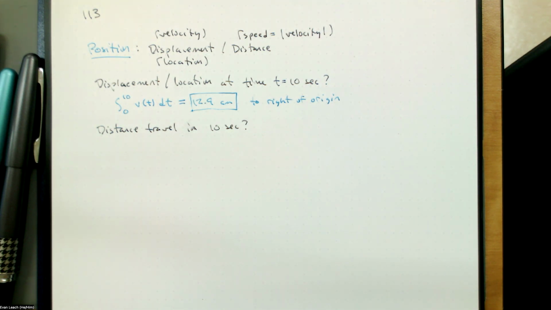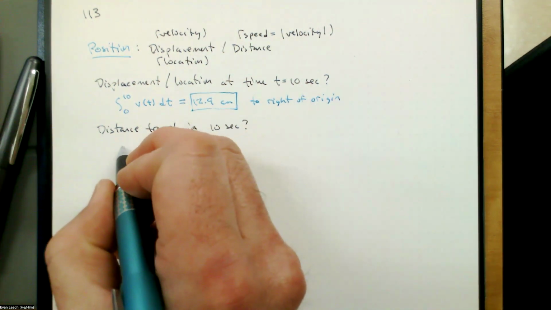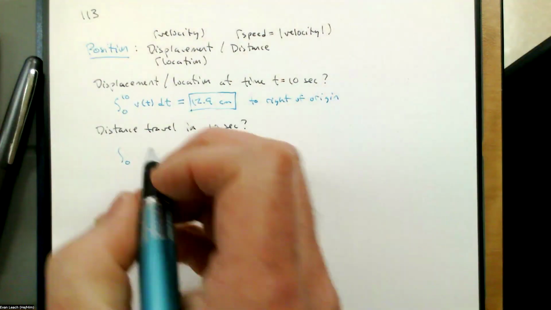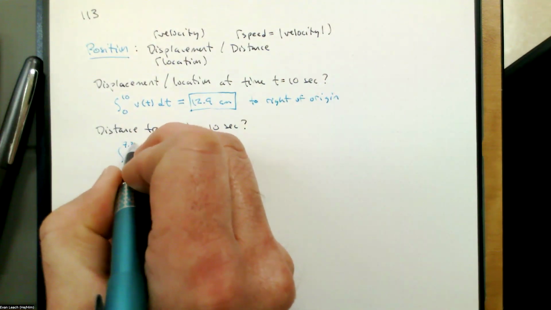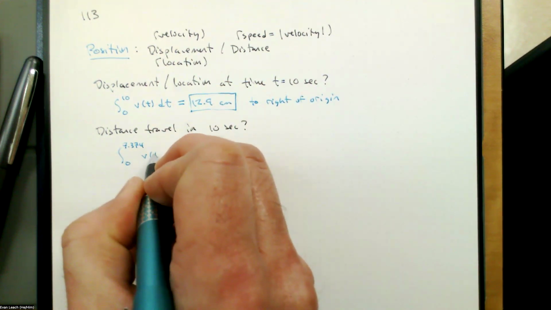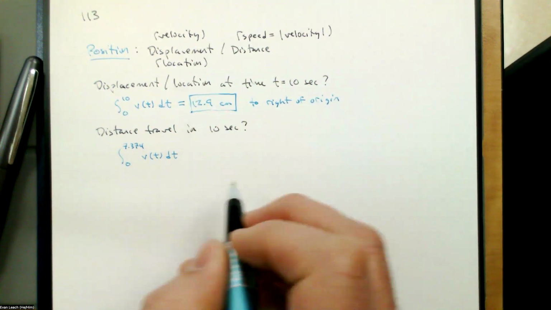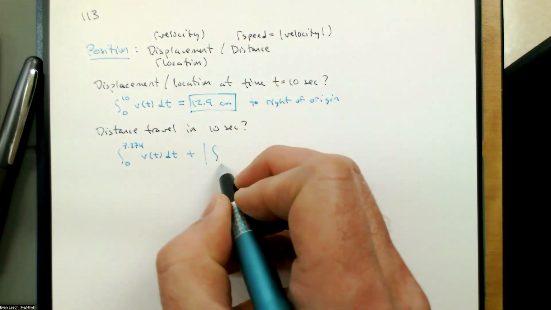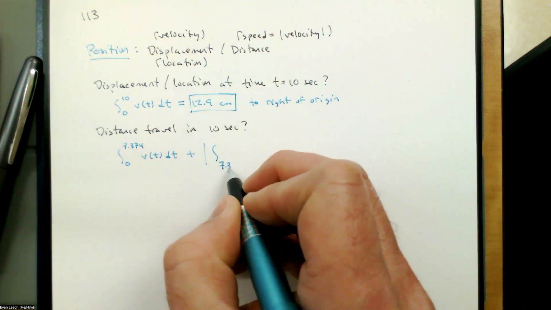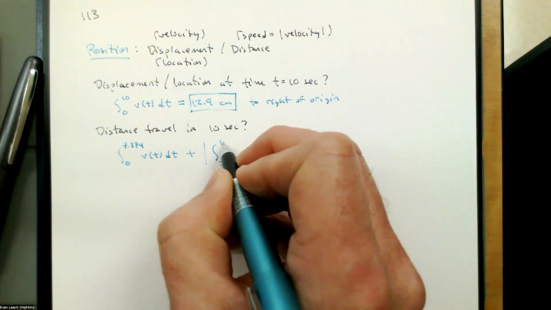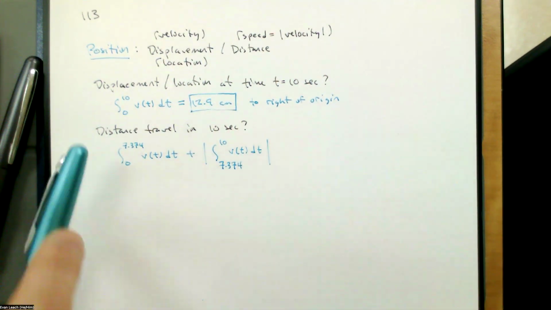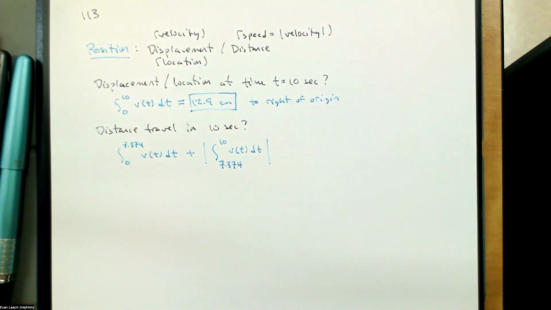The definite integral where the particle is traveling to the right, 7.374. And the distance that the particle is traveling to the left. And the definite integral is going to report this as negative. So I will want the absolute value of that one.